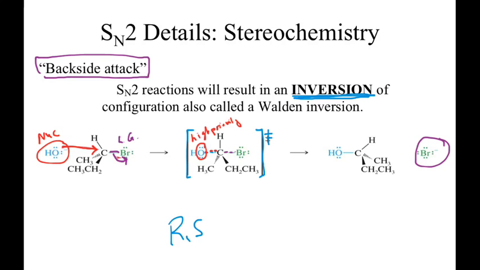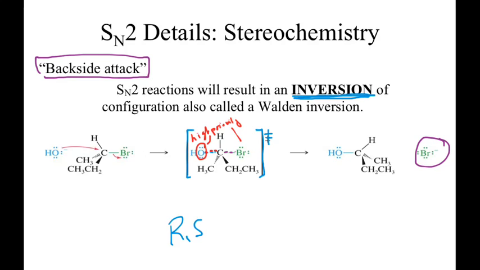Our leaving group is also typically a high priority. So what we end up doing is trading a high priority element across our carbon. It leaves from one side and comes in from the other, which means we see a switch in our configuration. So just to prove that, let's go through and test our configurations. Let's go back to our starting material, and let's pretend that our nucleophile hasn't come in and attacked yet.